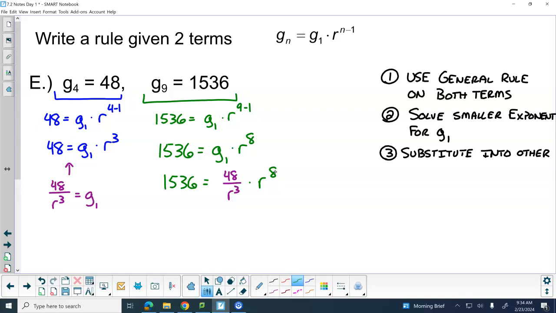I took what g sub 1 is, because it's got to be the same in both of these equations, and I plugged it in the other equation. Kind of like a substitution system of equations. Okay? That then gives me 1,536 is equal to 48 r to the 5th power.